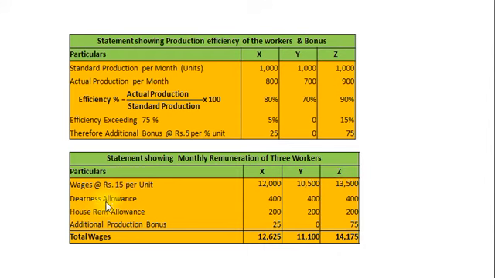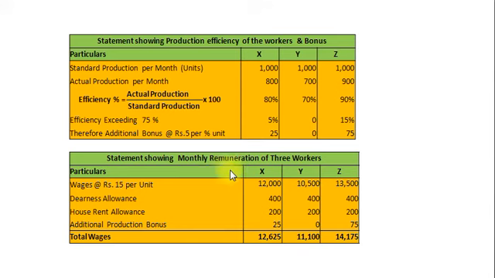Now dearness allowance fixed rupees 400 per month to all 3 employees. House rent allowance rupees 200 fixed to all 3 employees. And additional production bonus as we calculated above, X rupees 25, Y no bonus and Z rupees 75.